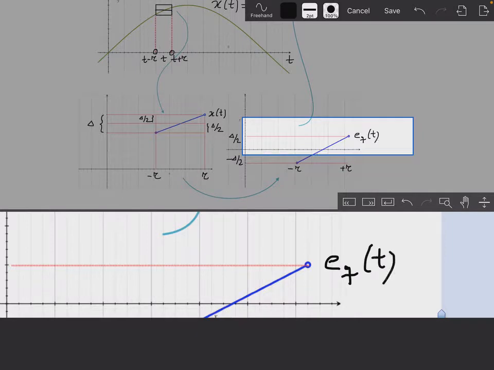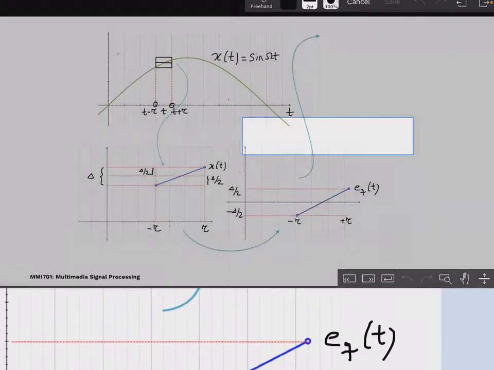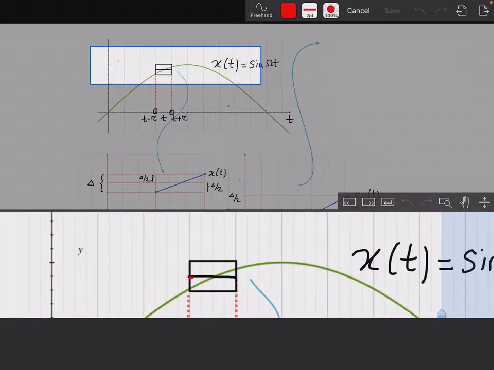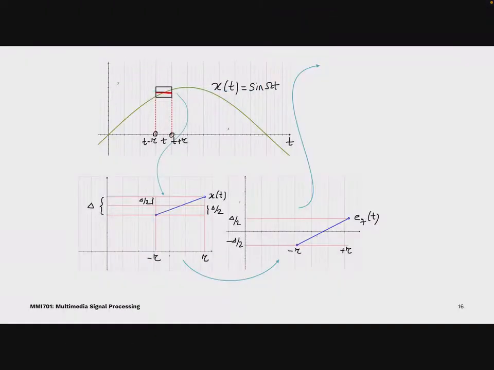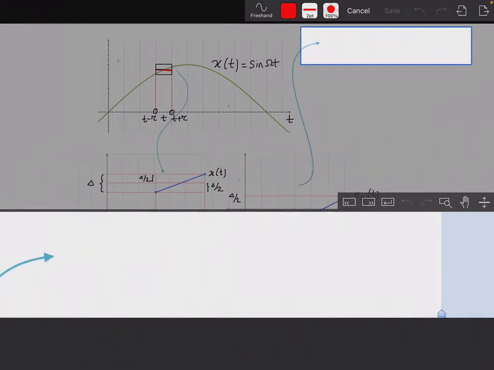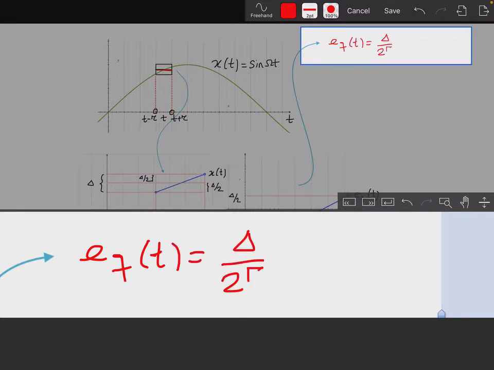That's the difference between the quantized value, this value in here, and the signal itself. So EQ of t goes from minus delta over 2 to delta over 2. Assuming that it's roughly linear, EQ of t is equal to delta over 2 tau, that's the slope of our line, times t.